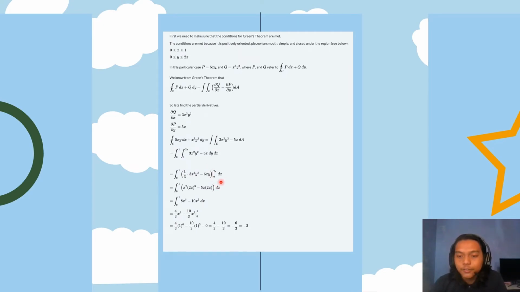When we integrate for y, we then bring in the limits for y. So we get 8x to the power of 5 minus 10x squared, with limits 1 to 0. We do the same step as for the y limit, so we get minus 2. So that's all from me. Thank you.